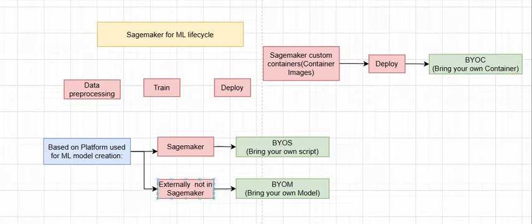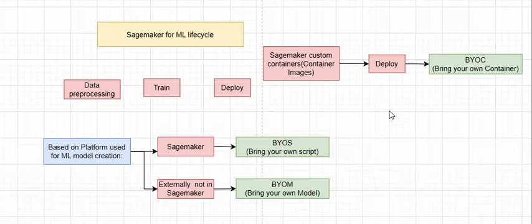You have externally created your model and you just want to use SageMaker for deploying it. Then let's say you do not have any ML model, just the training dataset, and you train and deploy your model using SageMaker. That type of deployment is BYOS, bring your own script.